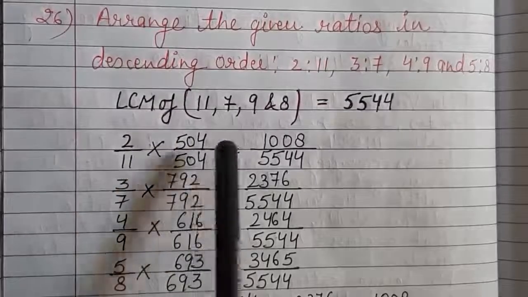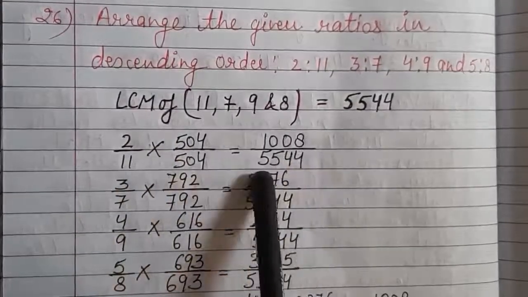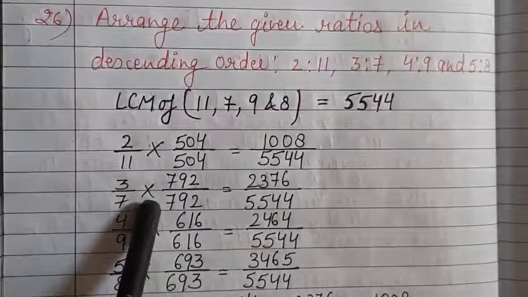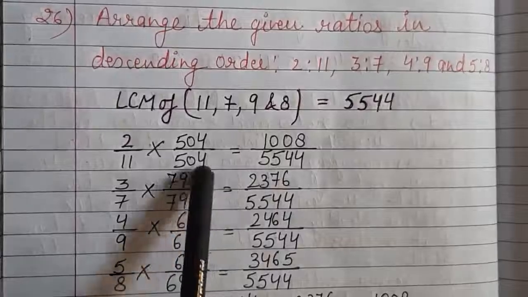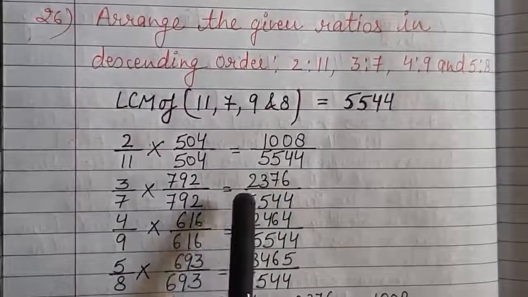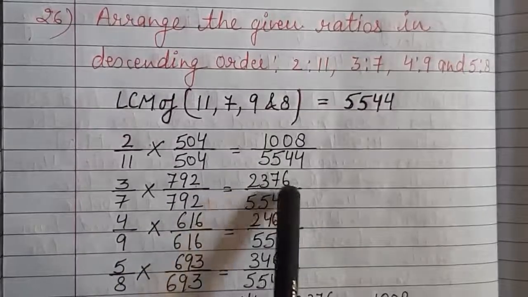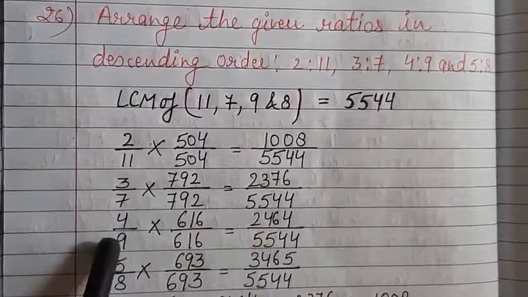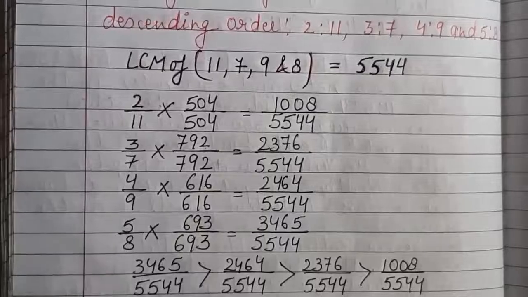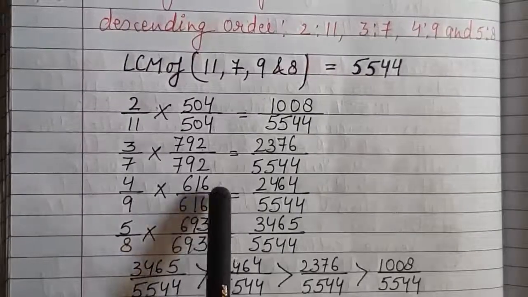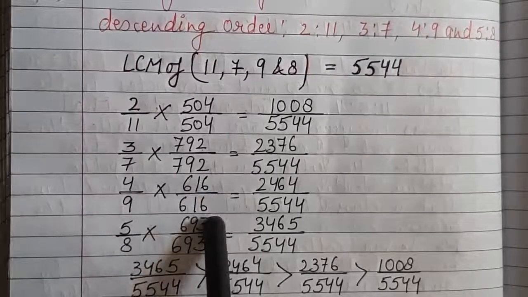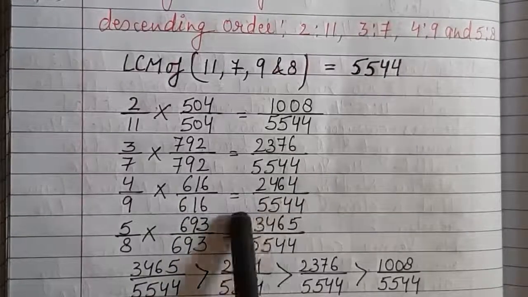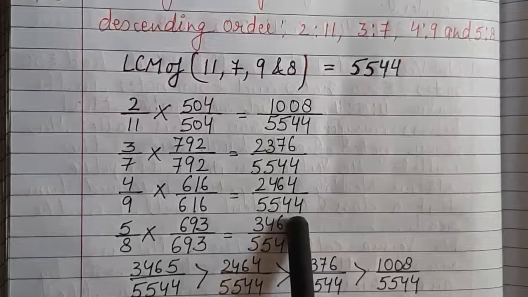When we multiply, 1008 by 5544 will come. 3 by 7, multiplied by 792 in numerator and denominator, will come 2376 by 5544. 4 by 9, when we multiply it by 616 in numerator and denominator, will come 2464 by 5544.